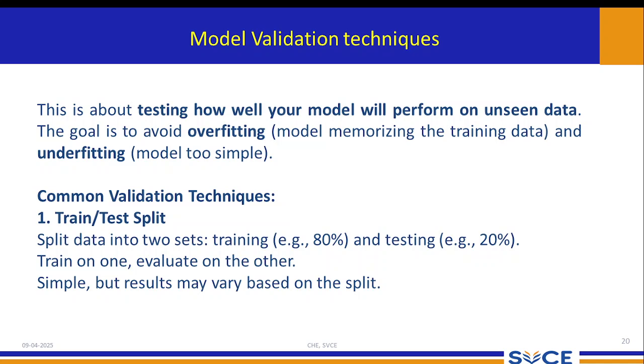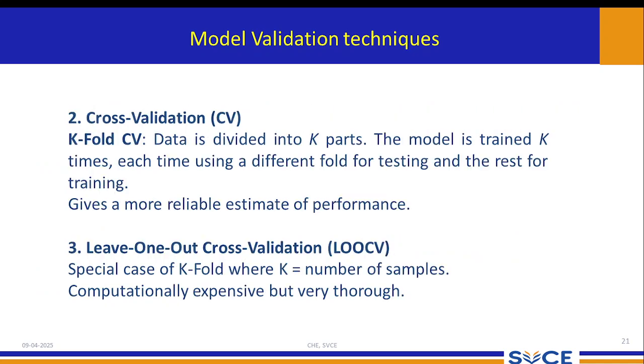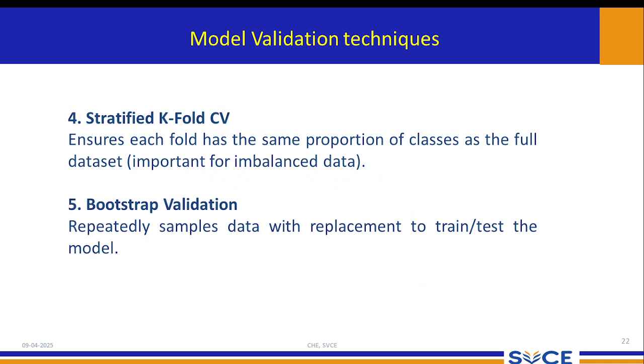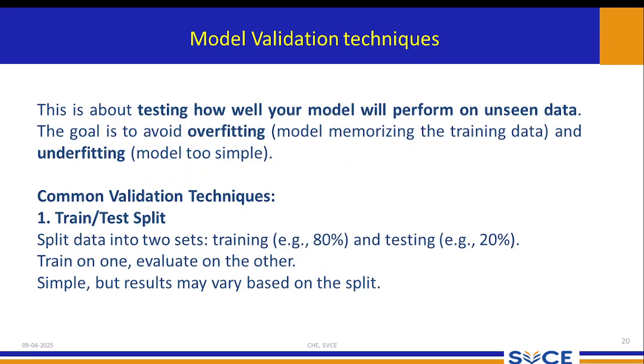We have train test split, cross validation, leave one out cross validation, stratified k-fold CV, coefficient of variance, and bootstrap validation. We will see one by one with suitable examples how these validation techniques will help you to validate the model.